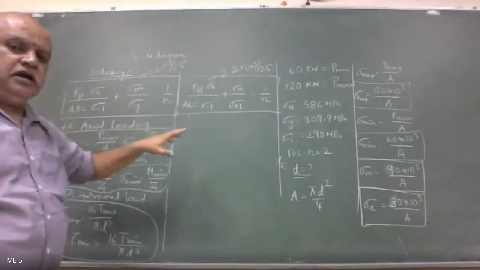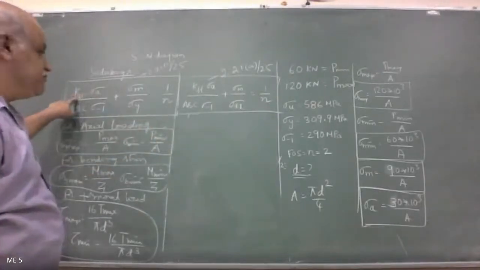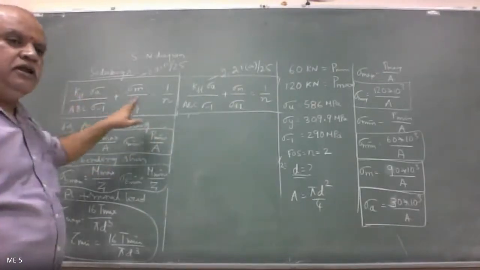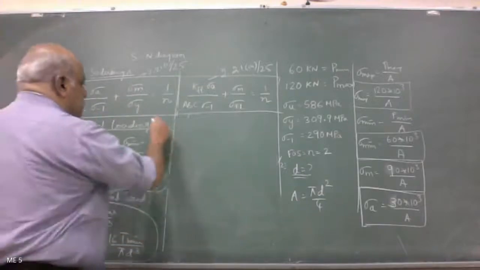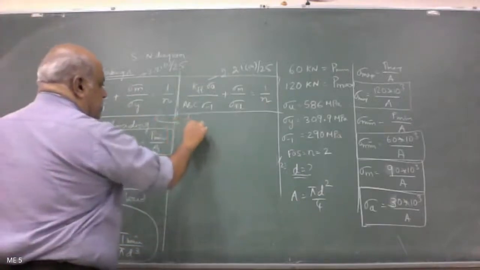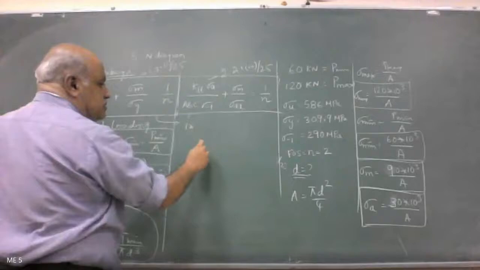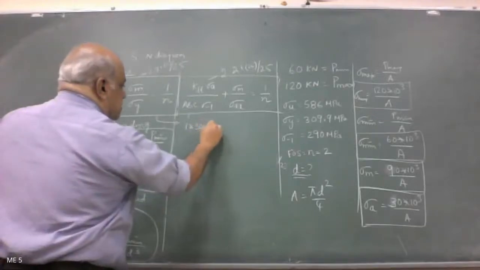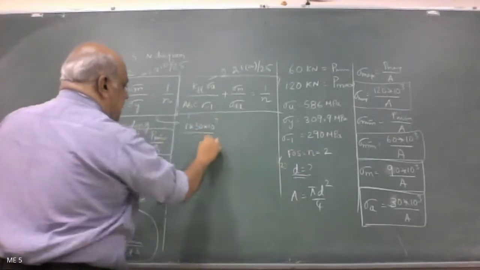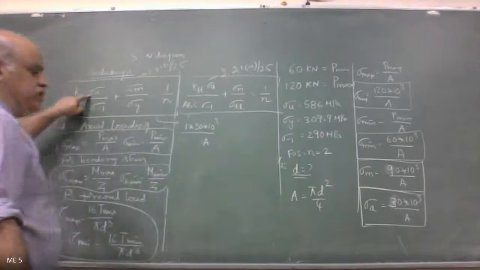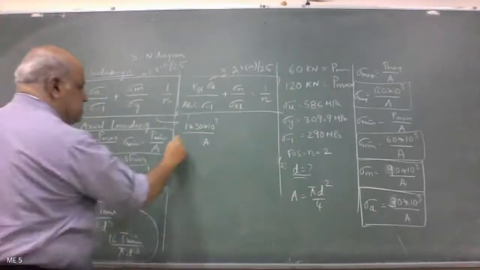As we have discussed earlier, fatigue stress concentration factor we are going to take as equal to 1 if not given. So therefore, from Soderberg relation, 1 into stress amplitude is how much? 30 into 10 power 3 divided by A, and the value of A for axial loading is how much?